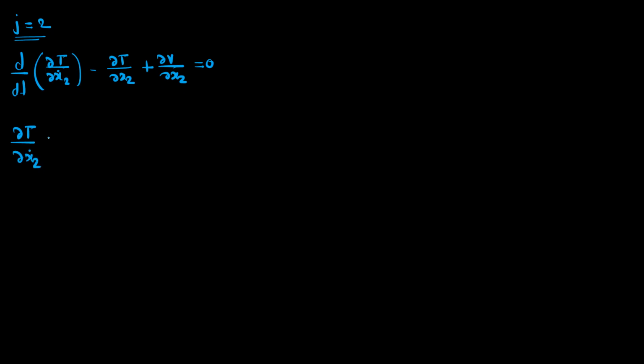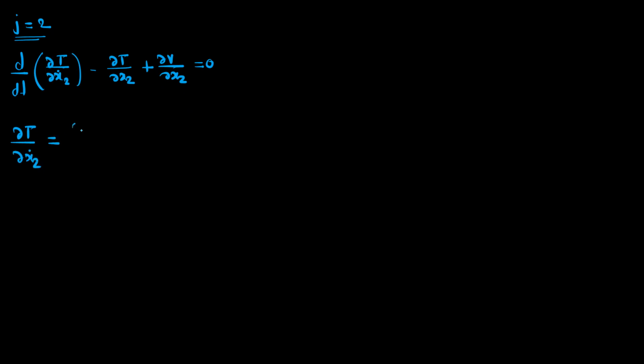When J is 2, the general equation is d by dt of del T upon del x2 dot, minus del T upon del x2, plus del V upon del x2. This is equal to 0. So we should find out these values. First is del T upon del x2 dot.